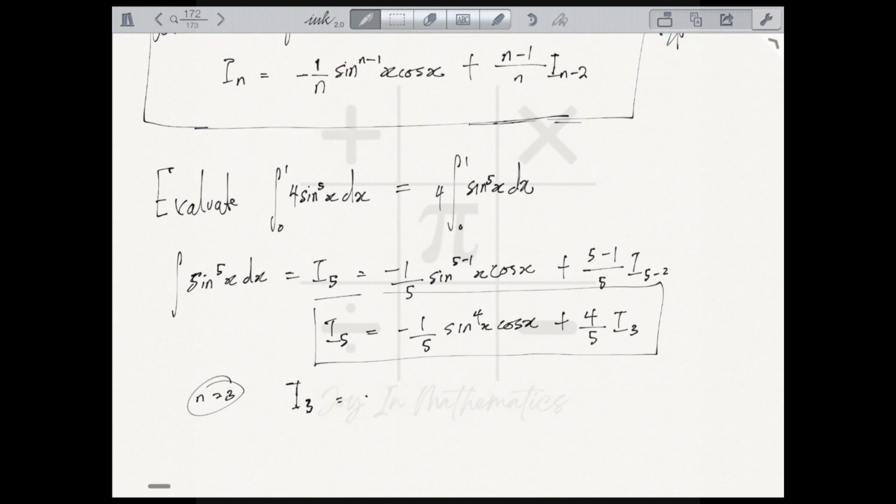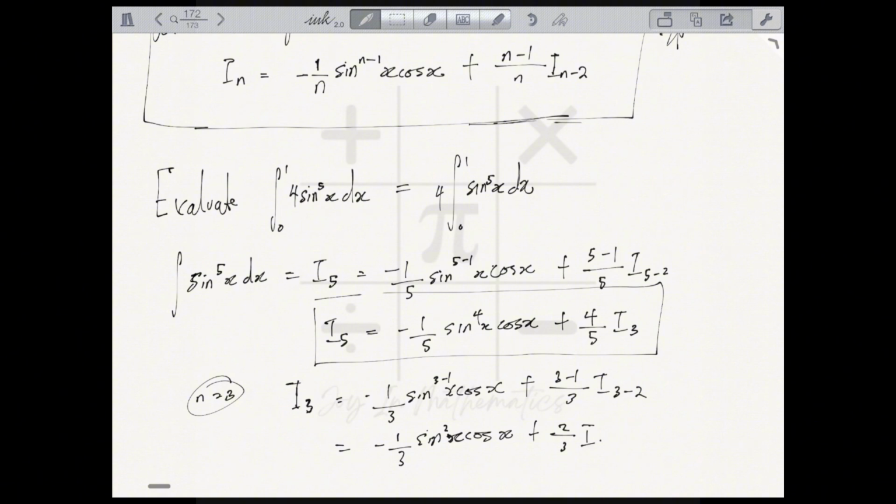And that will give us minus 1 over 3 sine 3 minus 1 x cos x plus 3 minus 1 over 3 I subscript 3 minus 2. So this gives us minus 1 over 3 sine square x cos x plus 2 over 3 I1. So this is an expression for I3.